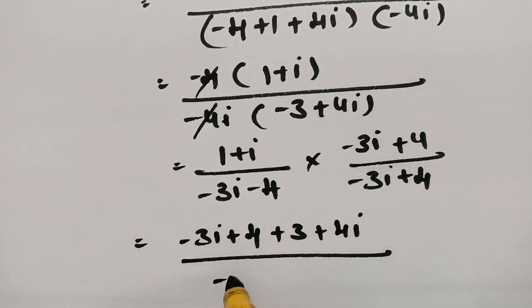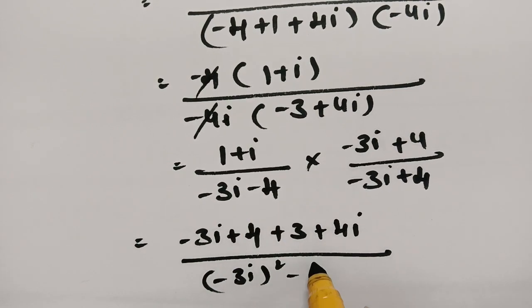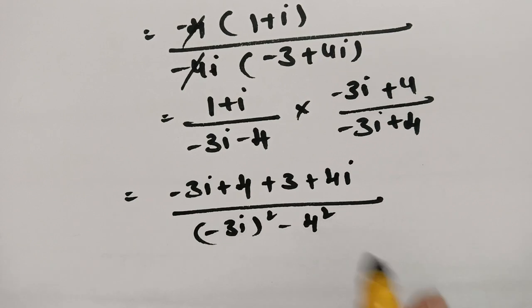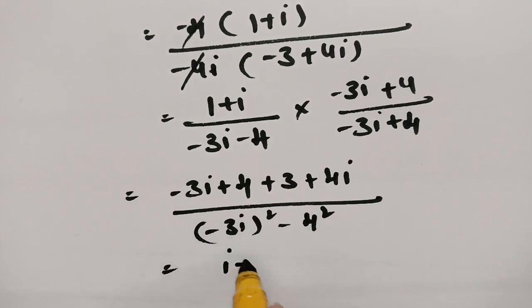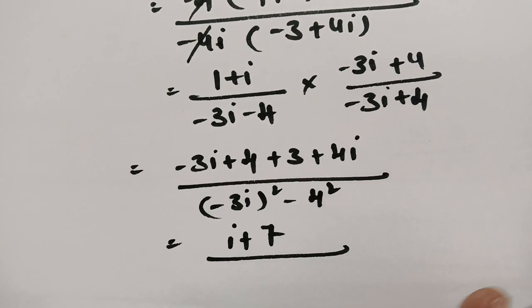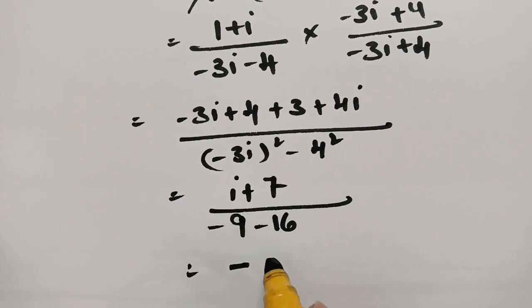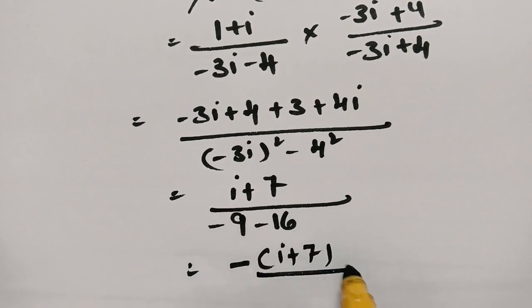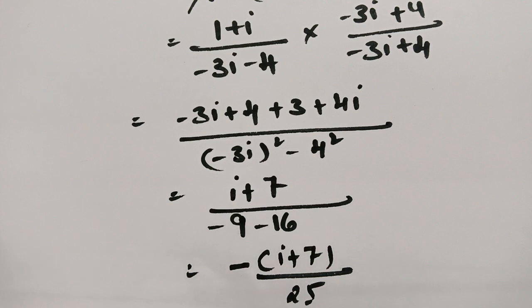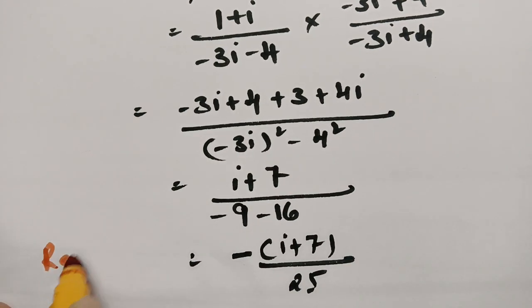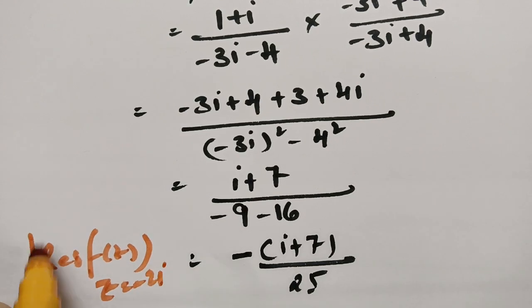By a square minus b square, minus 3i whole square minus 4 square, 4i minus 3i is nothing but i plus 7 by. So this is 3 square, 9 minus 9, and this value is minus 16. If I send minus to the numerator, this is i plus 7 by 25. So i plus 7 by 25 is the residue value of f of z at point z is equal to minus 2i.